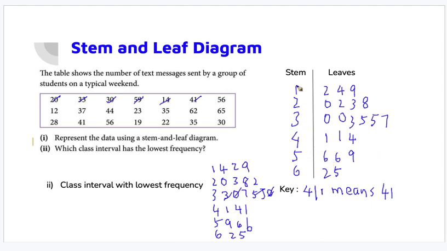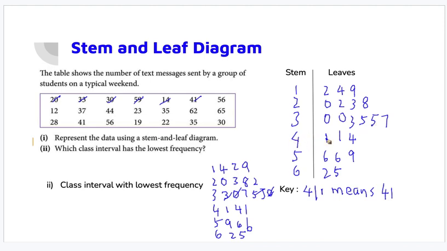Right? Whenever we read a stem and leaf, we always read the stem first. So we should read this as 12, 14, 19, 20, 22, 23, and 28. Now, a class interval is the range of values. For example, the class interval here is from 30 to 37.